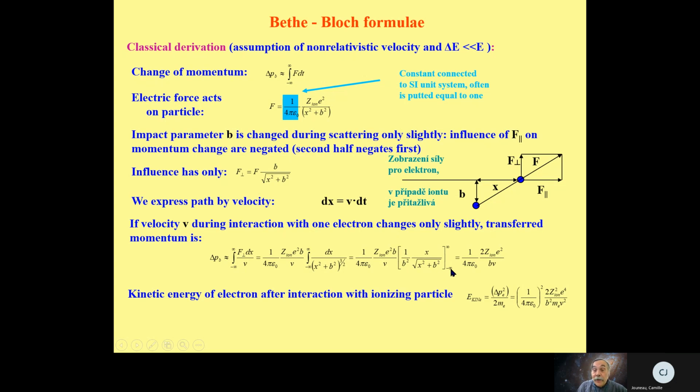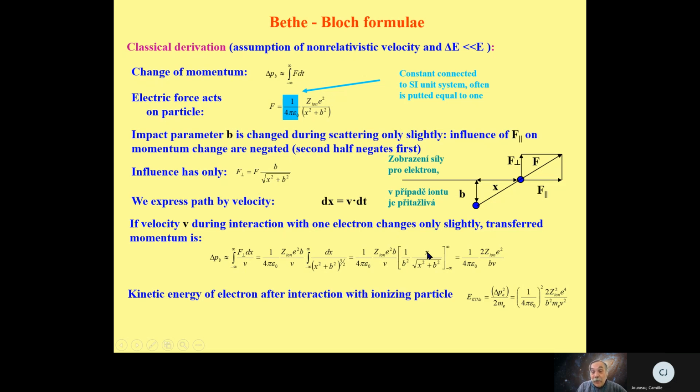We go from minus infinity to plus infinity. If it is infinity, it's possible to neglect b, because the square of infinity is infinity, and from this it will also be x.